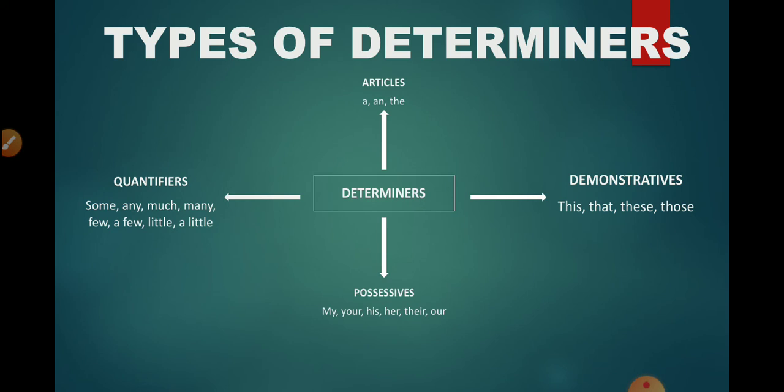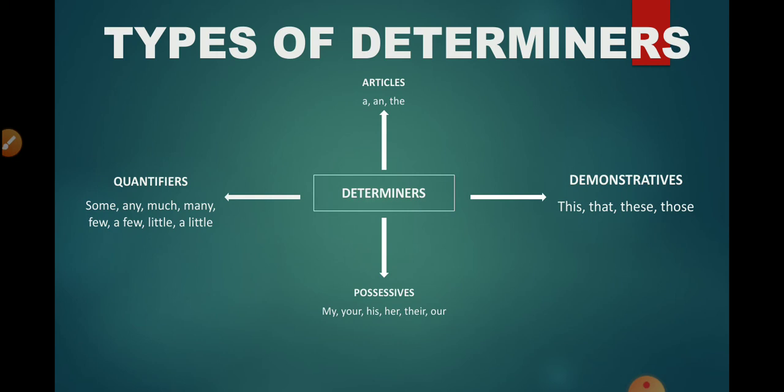So let's move to the next slide to see the types of determiners. This graphical presentation shows us the types of determiners, as determiners are of four types. First one is articles, a and the. Second one is demonstratives: this, that, these, those. And possessive determiners: my, your, his, her, their, our. And quantifiers.